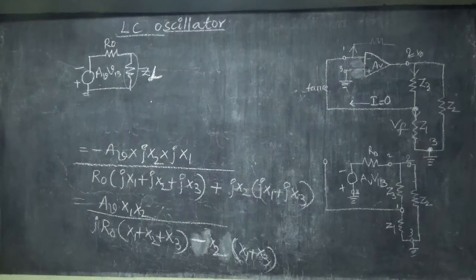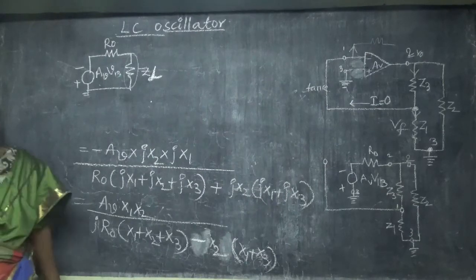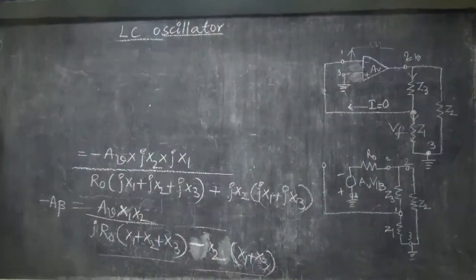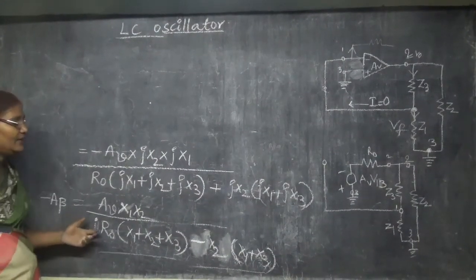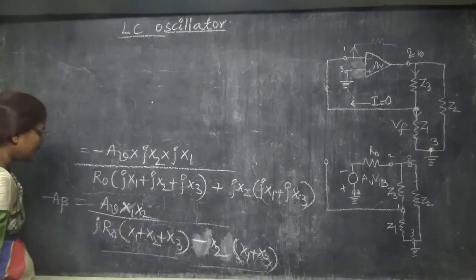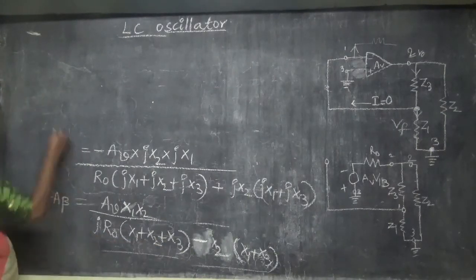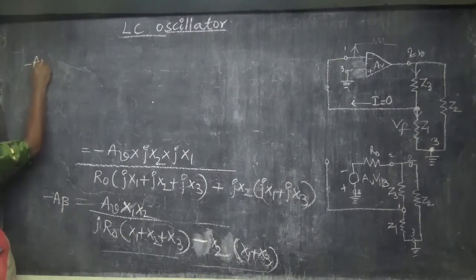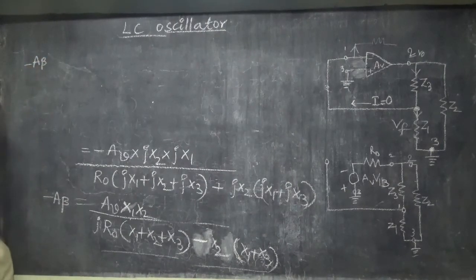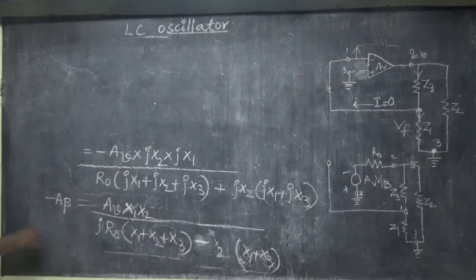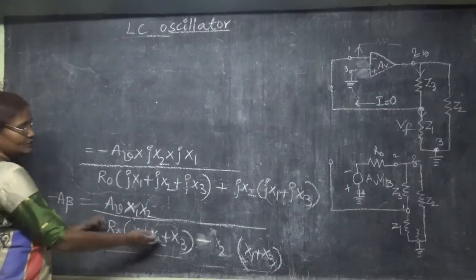So, I have to split it into real part and imaginary part. So, what I have to do? I have to separate the imaginary part and real part. For that, what I have to do? My imaginary is in the denominator. So minus a beta is equal to this quantity.